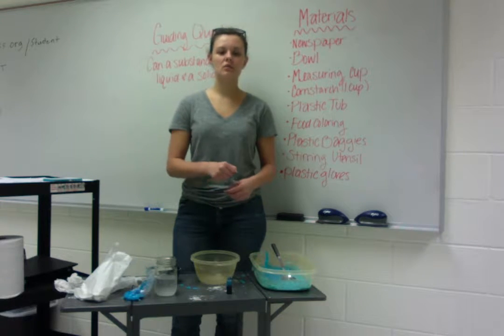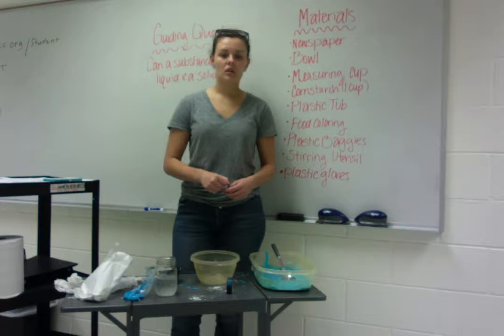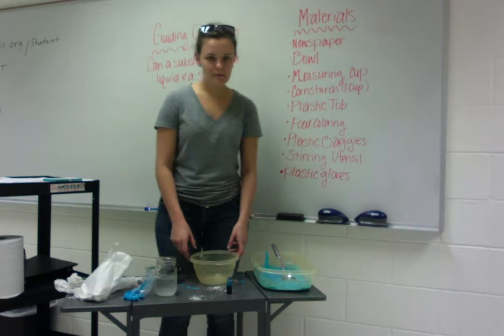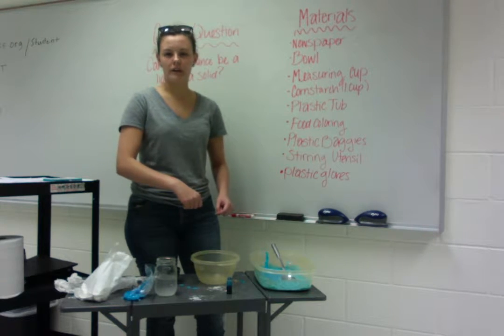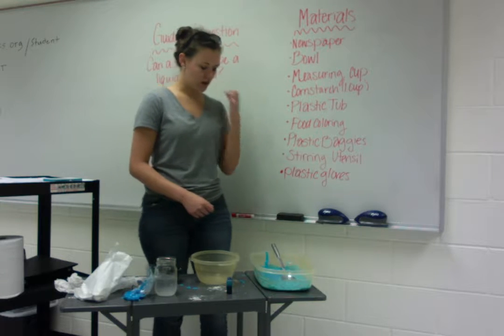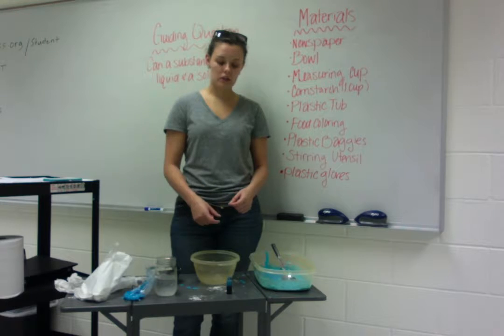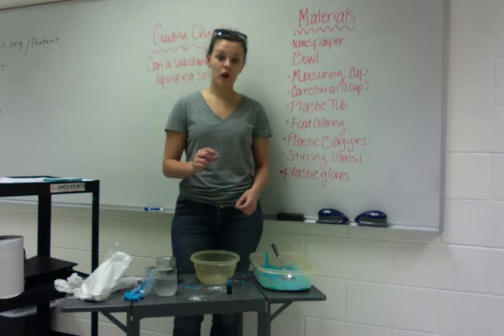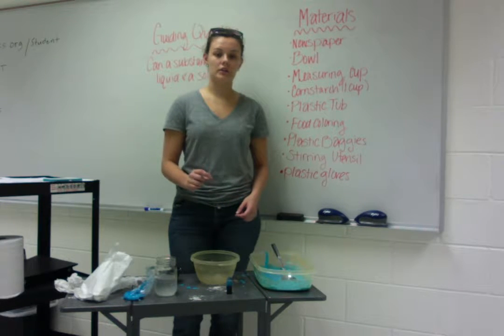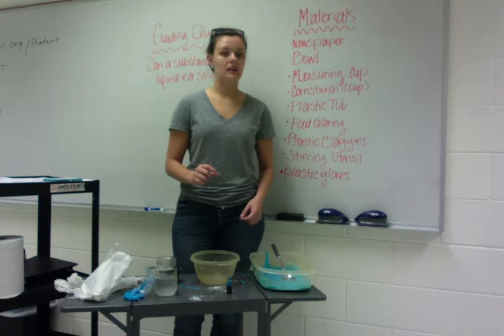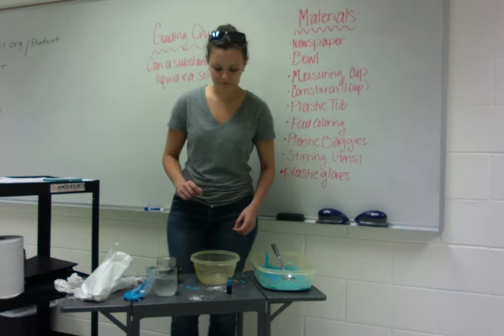Like you can still stir it, but it's not going to be real watery. And as you're putting the water in the cornstarch, you're going to have your food coloring in the water, so it's easier to have that done while you're stirring it.